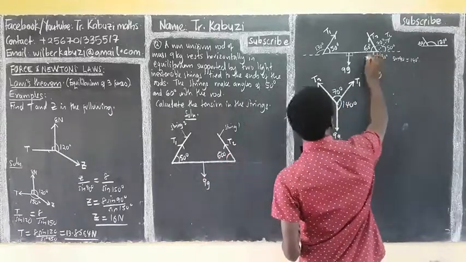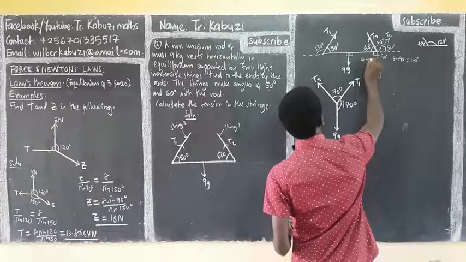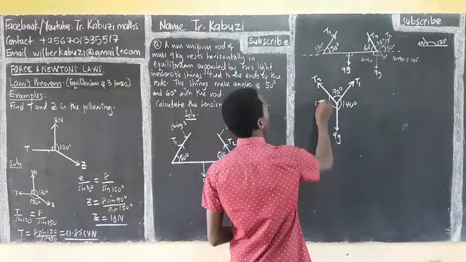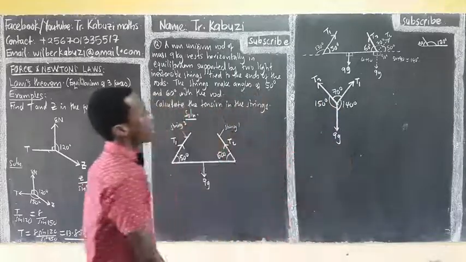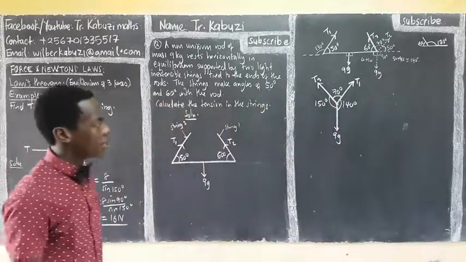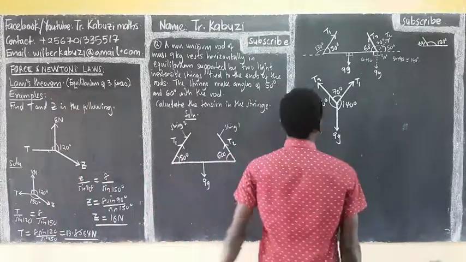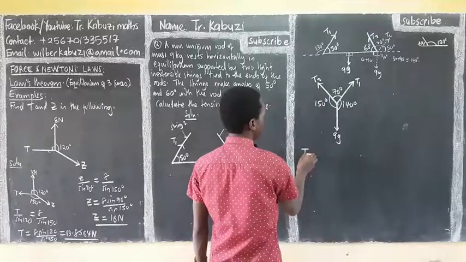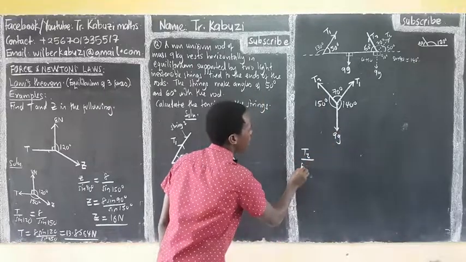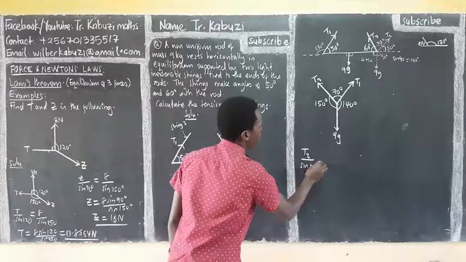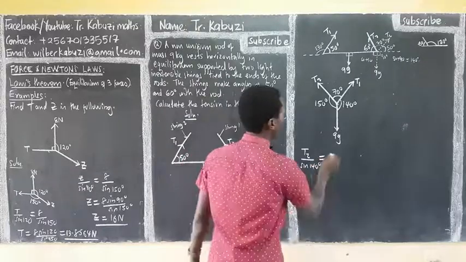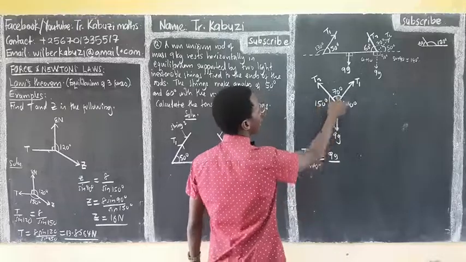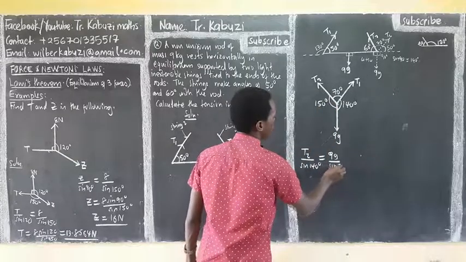Then here, we shall add 60 plus 90, which gives us 150 degrees. So here we have 150 degrees. And so there, we can use Lami's theorem. So from here, you can see that, let me start with T2, over sine of the angle opposite, sine 140 degrees, will be equal to 9g, the whole over the sine of the opposite angle.